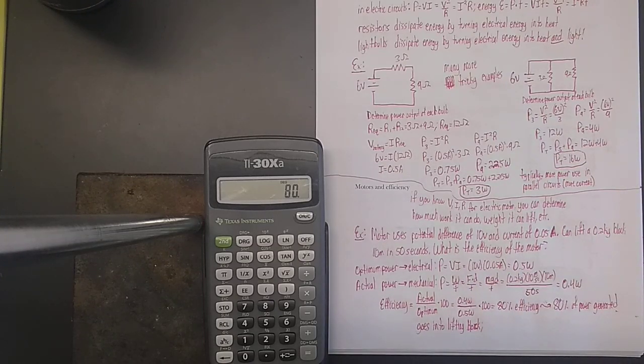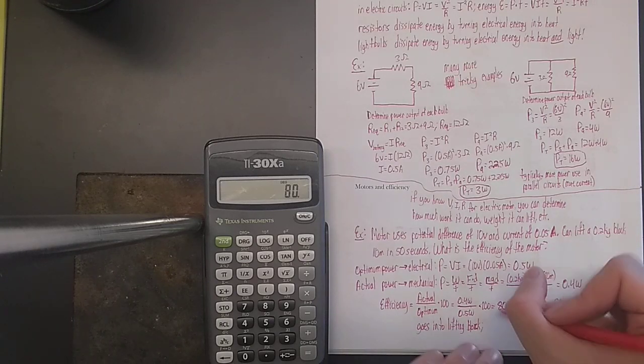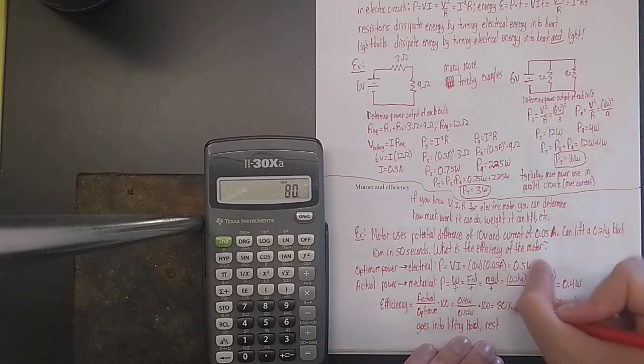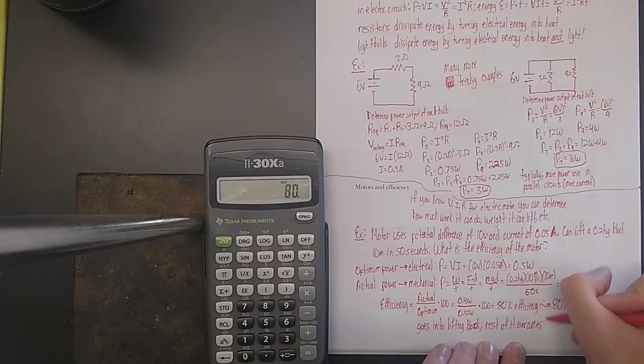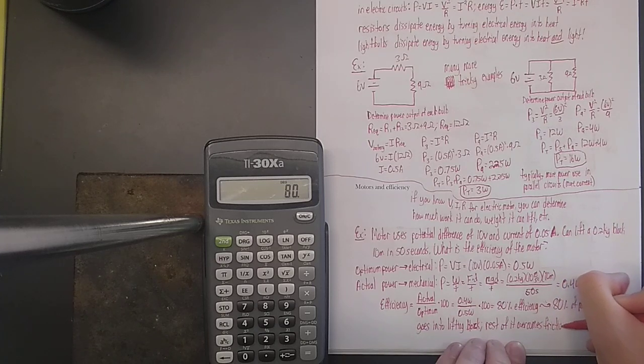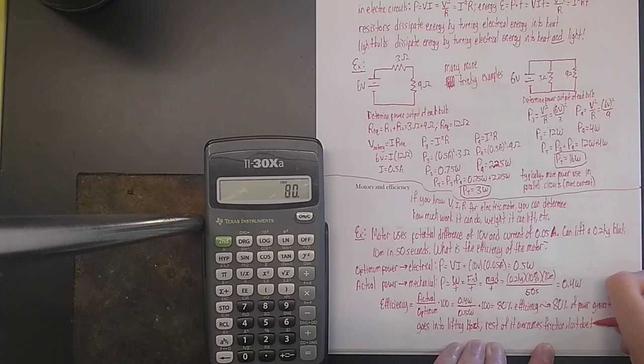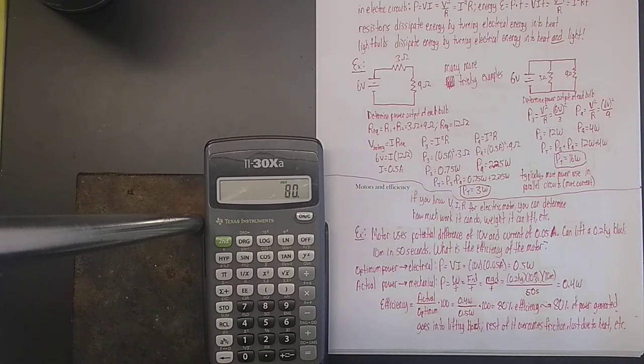Well, what happens to the other 20%, you might ask? The rest of it overcomes things like friction. It gets lost due to heat, etc. No motor is 100% efficient.